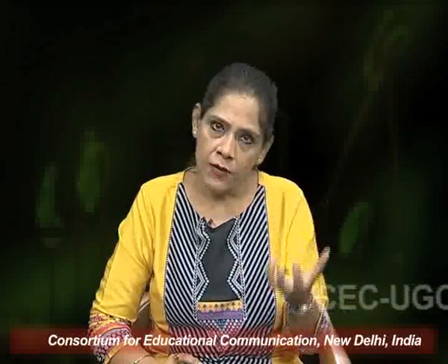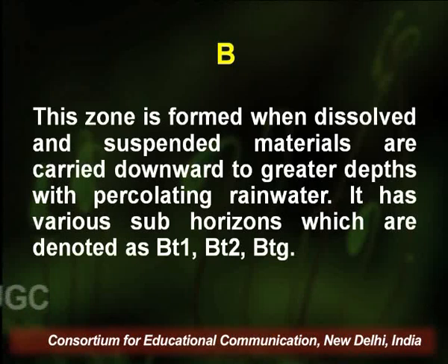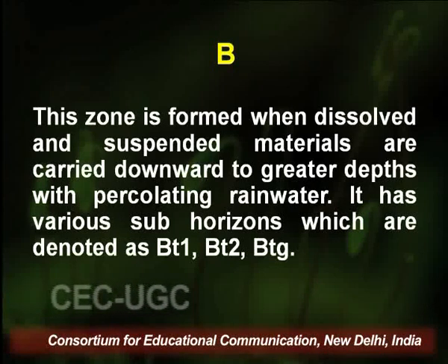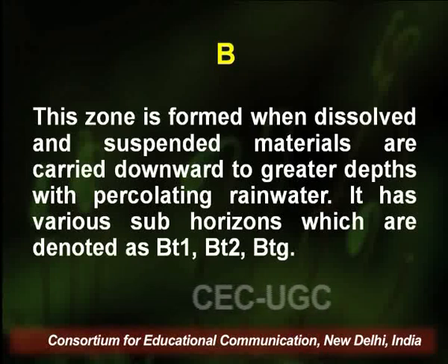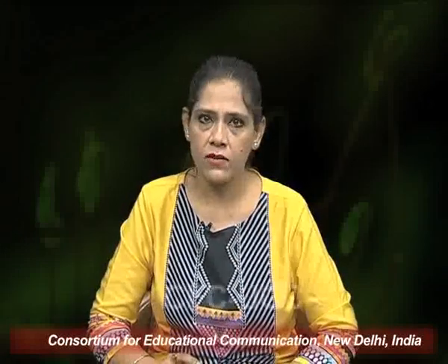So, in the E layer as well as in the B layer, we have most of the accumulated material which has been leached from the upper layers. This zone, the B zone, is formed when dissolved and suspended materials are carried downwards to greater depths with percolating rainwater. It has various sub-horizons which are denoted as BT1, BT2, BTG, etc. So, it has subdivisions or sub-horizons as well.